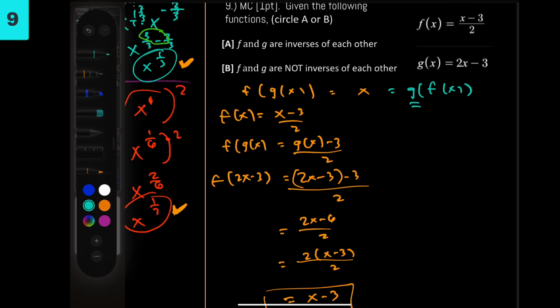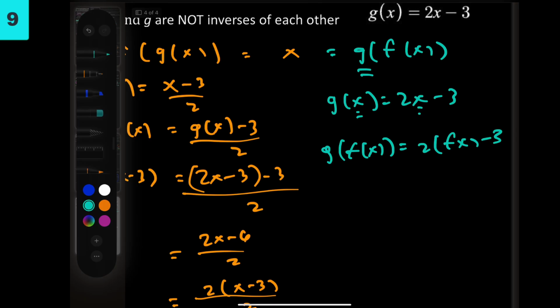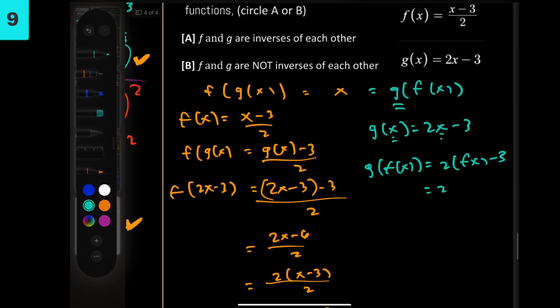So my hint is to write g first. Then every x value is going to become f. Okay, so let's write in now f. So that'll be x minus 3 over 2 minus 3.